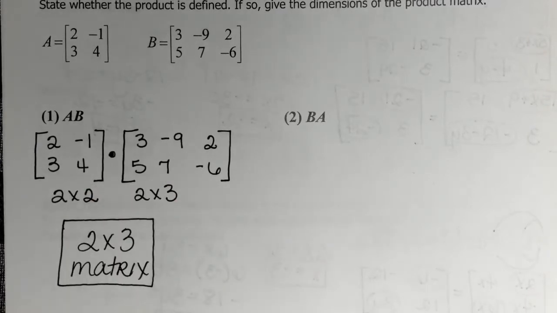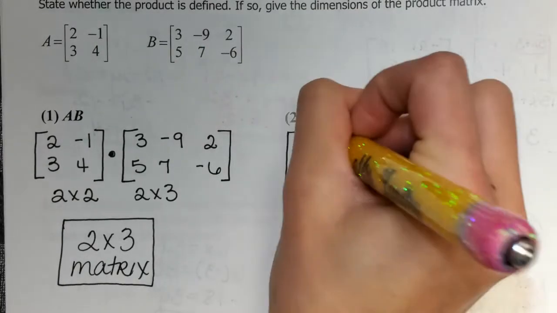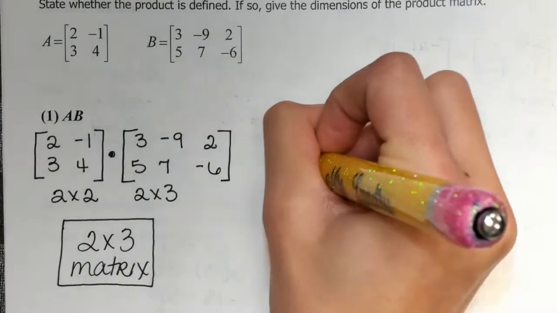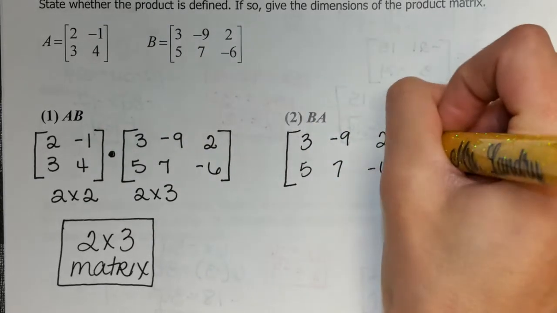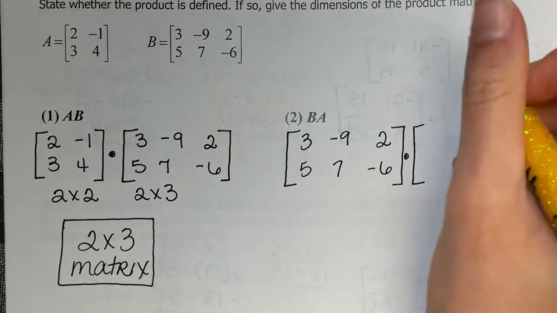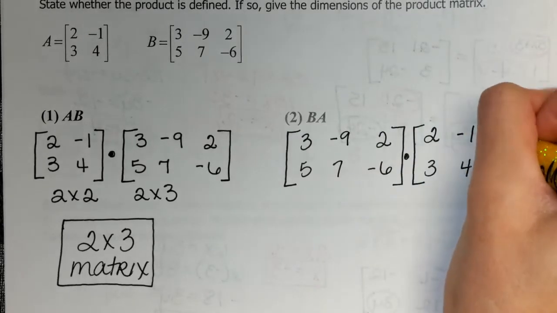Okay, what about B times A? Now B is coming first: 3, negative 9, 2, 5, 7, negative 6, multiplied by my 2, negative 1, 3, 4.